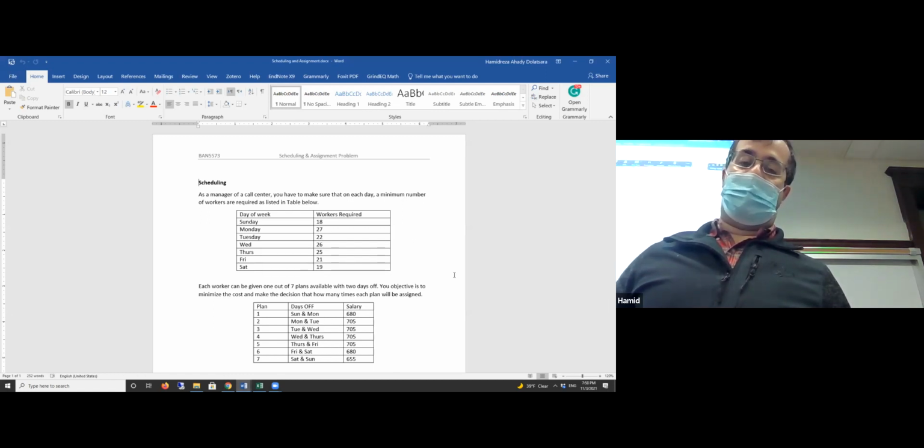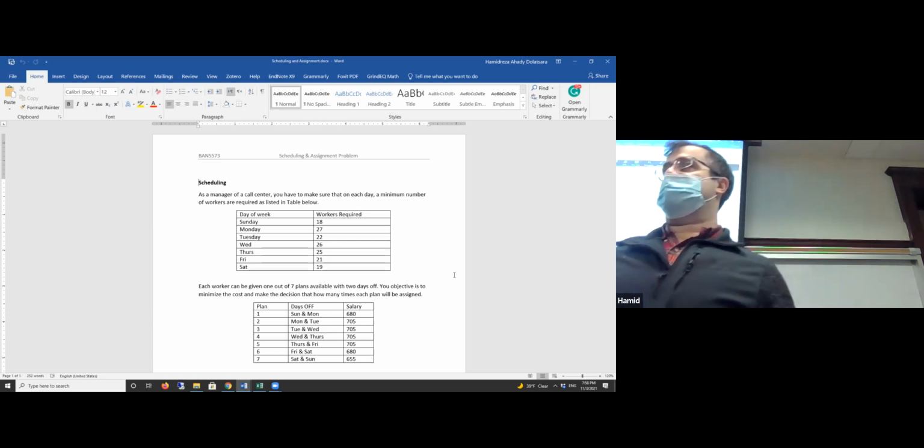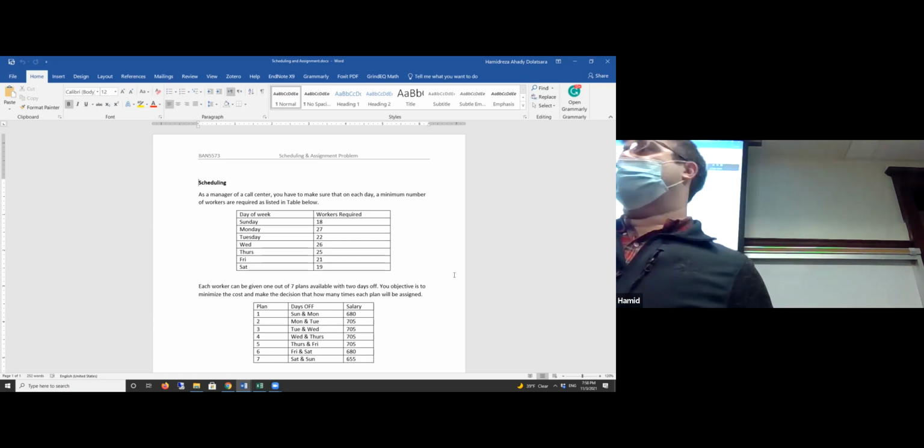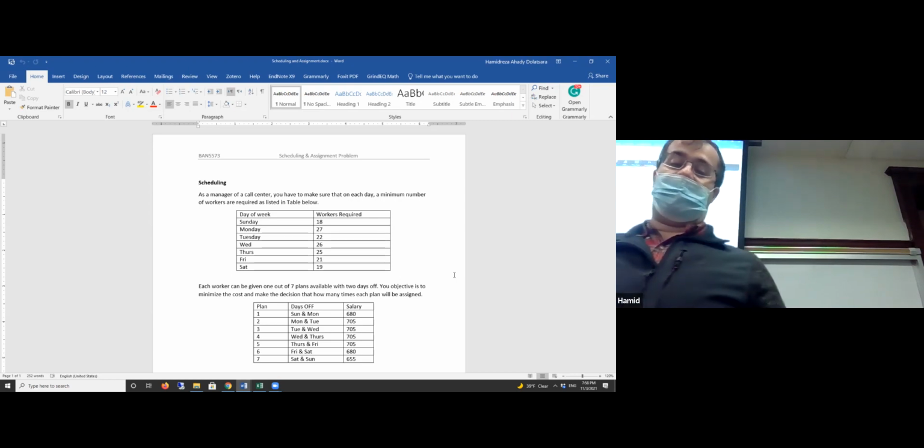As a manager of a call center, you have to make sure that on each day, a minimum number of workers are recorded as listed in the table below. So Sunday through Saturday, in each day you need a different amount of workers. So they already have some idea of how much work they have. Because of different workload, we need different amounts of workers.